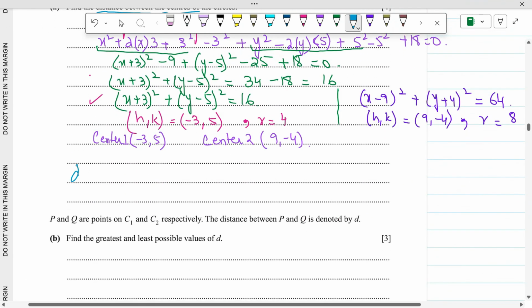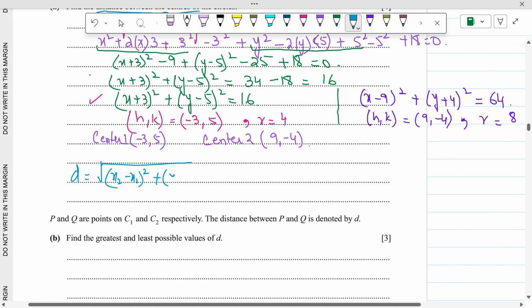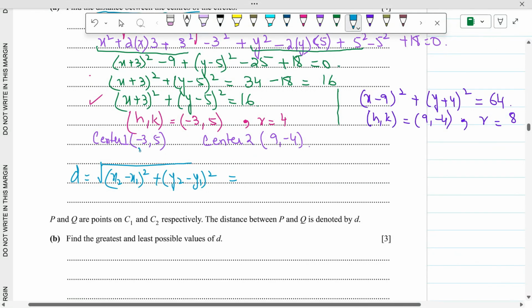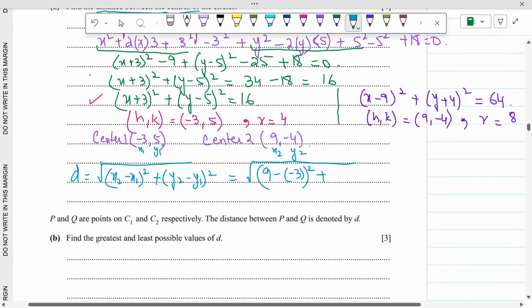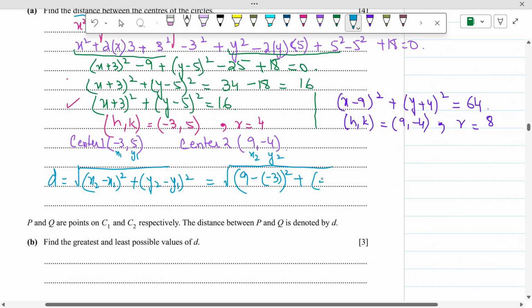The distance formula is the square root of (x2 minus x1) square plus (y2 minus y1) square. You can say this one is x1, this one is y1, this one is x2, this one is y2. So x2 minus x1 means 9 minus negative 3, whole square, plus y2 minus y1 means negative 4 minus 5, whole square.